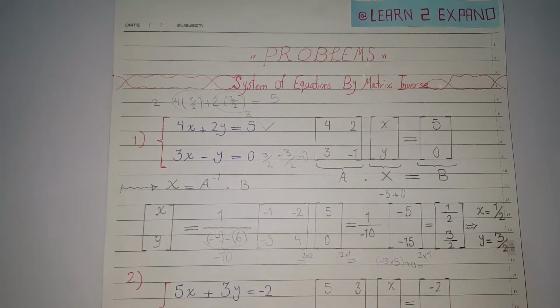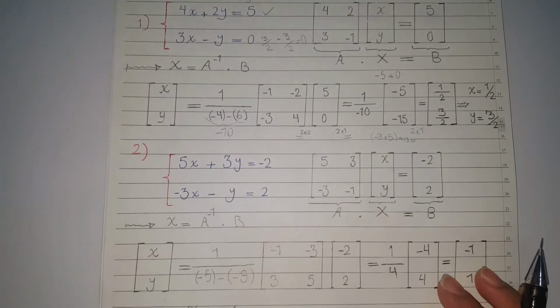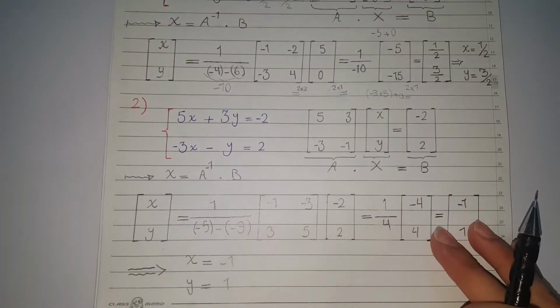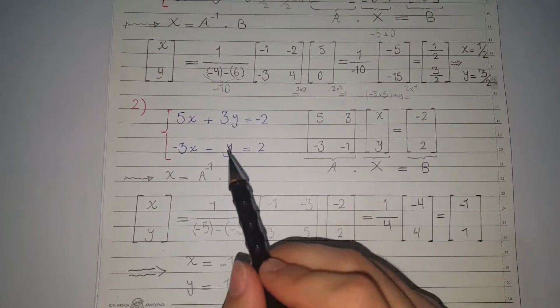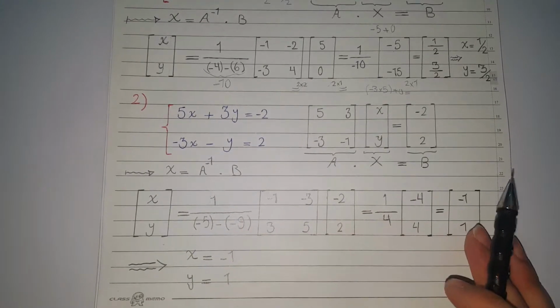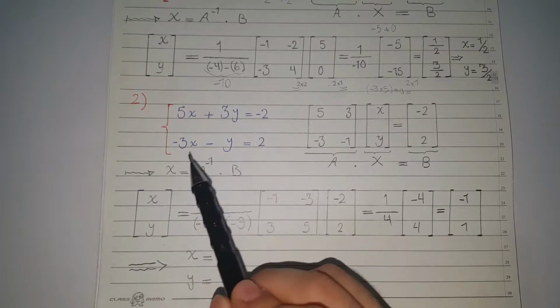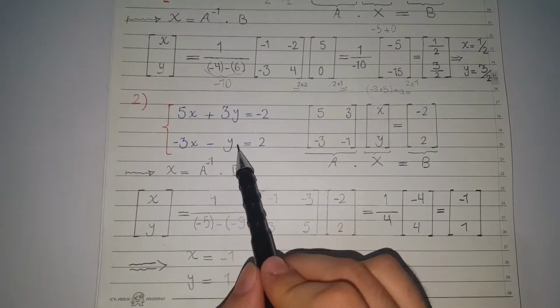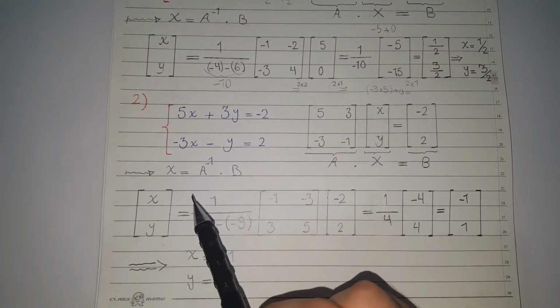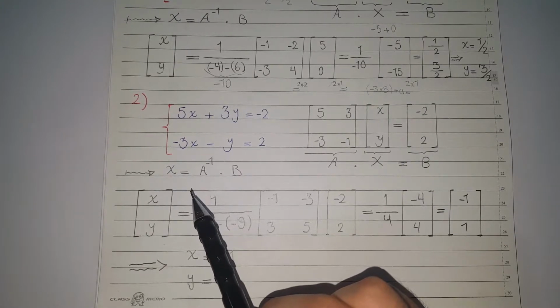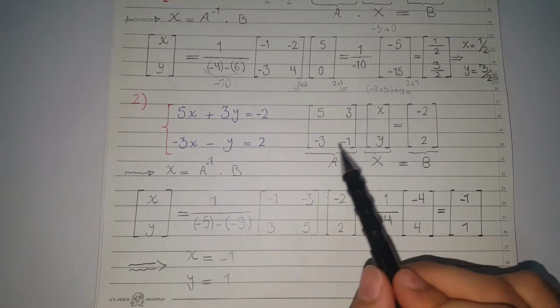Now let's take a look at another example. We have another system with these two simultaneous equations: 5x plus 3y equals -2, and -3x minus y equals 2. First, let's write the system in matrix form.